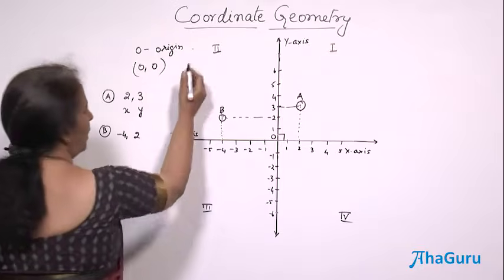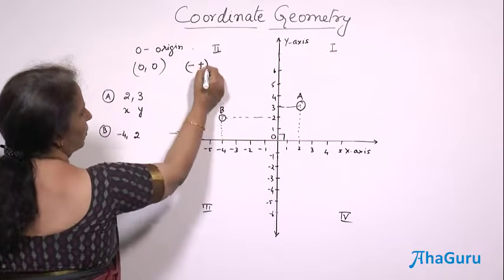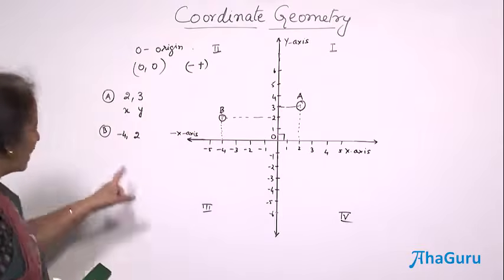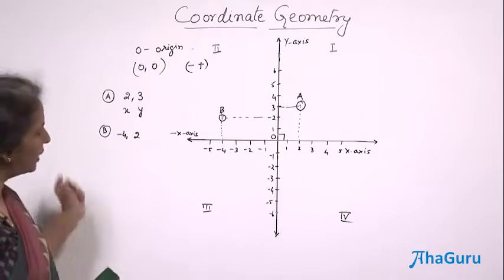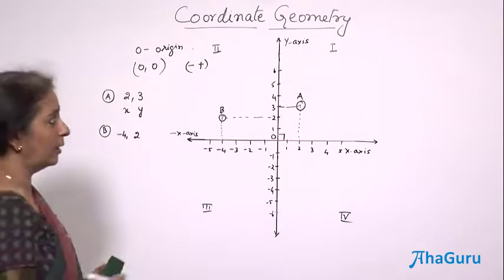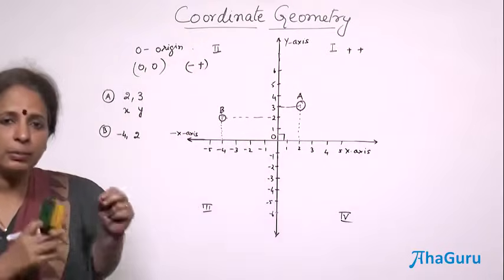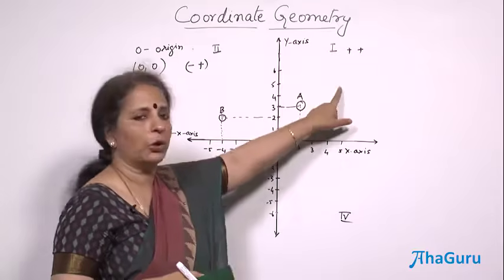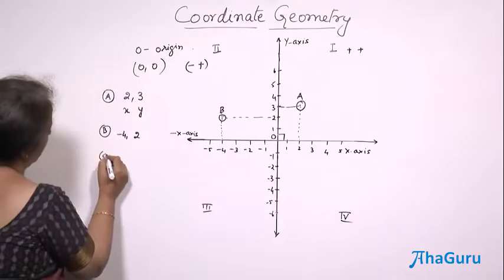So all points which have such signs, minus, plus, first number is minus, second number is plus, will lie in the second quadrant. Here all the points which have both the coordinates as plus x and y, they will surely lie in the first quadrant. Now let us go for the third point.